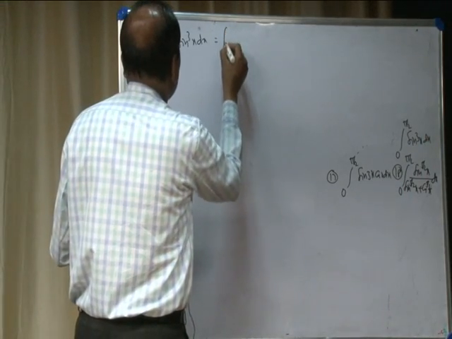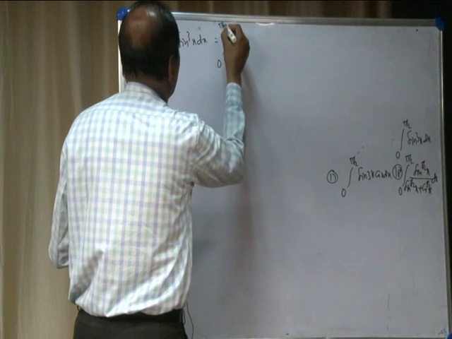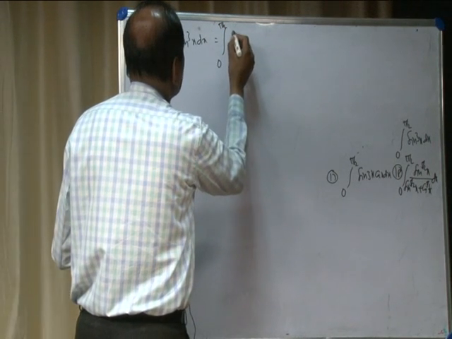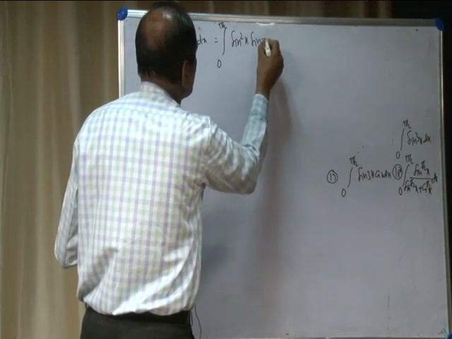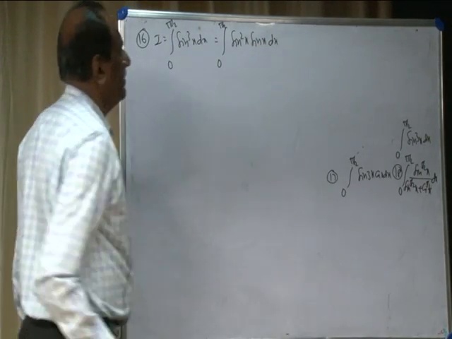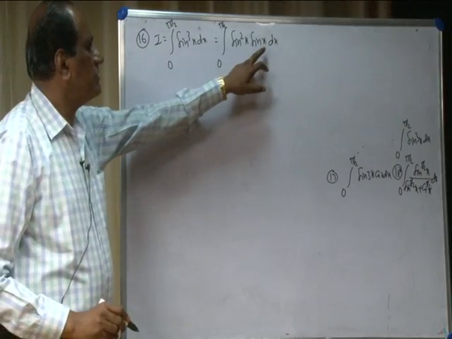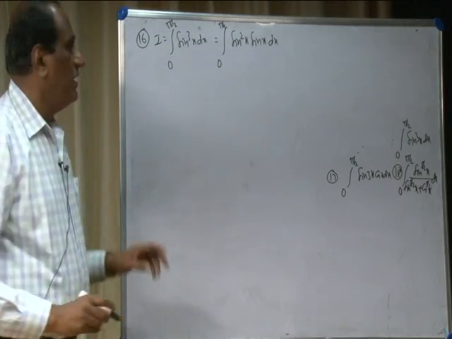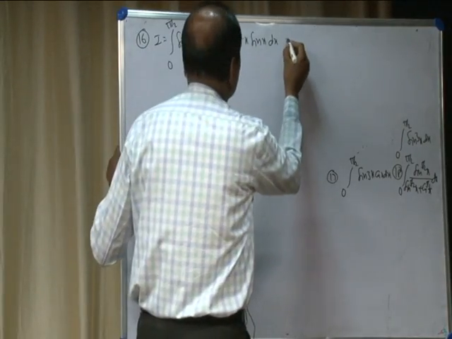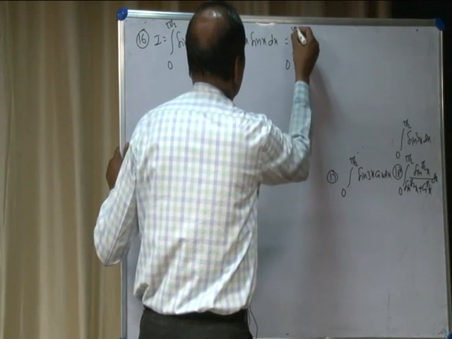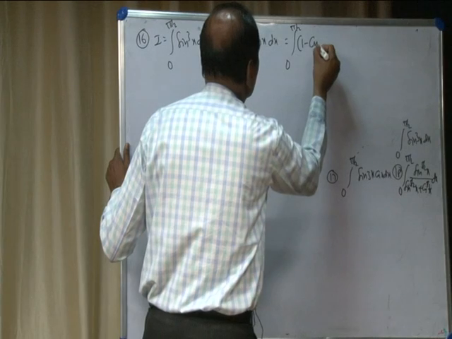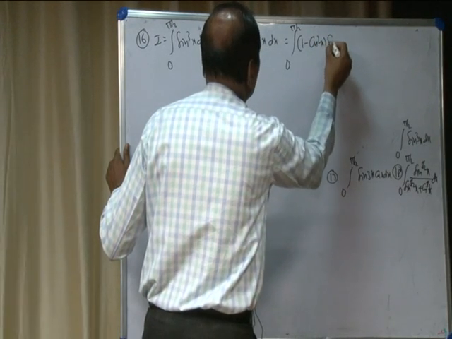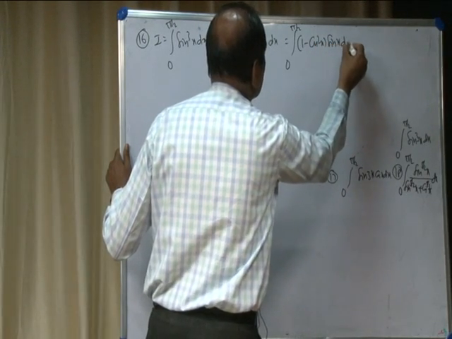We can write this as the integral from 0 to pi by 2 of sin square x into sin x dx, that is sin cube x. Or we can write this as the integral from 0 to pi by 2 of (1 minus cos square x) into sin x dx.